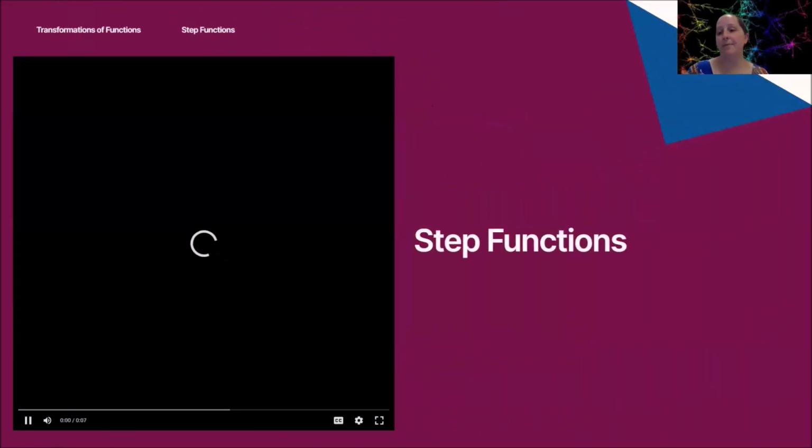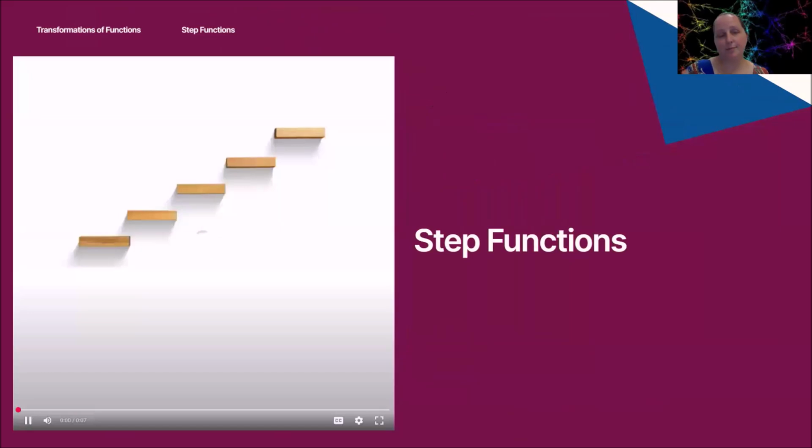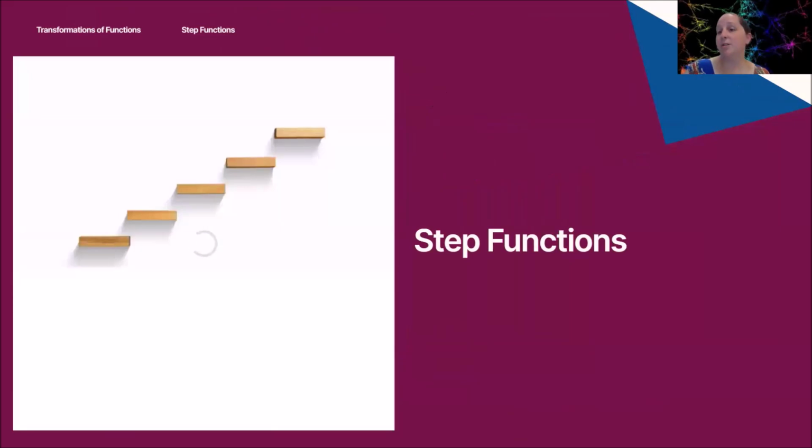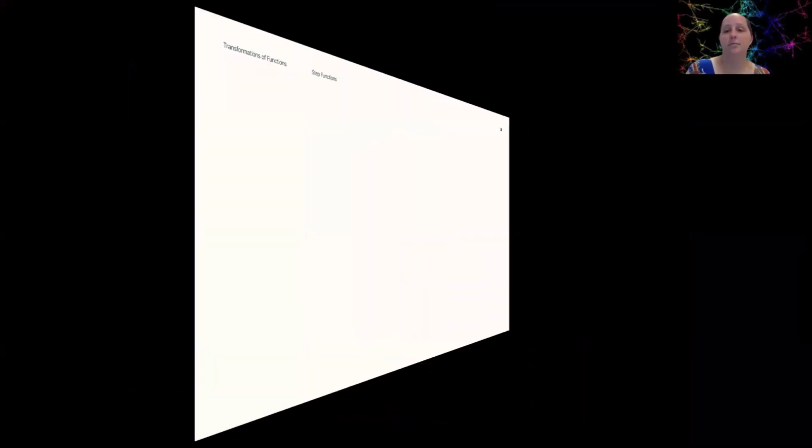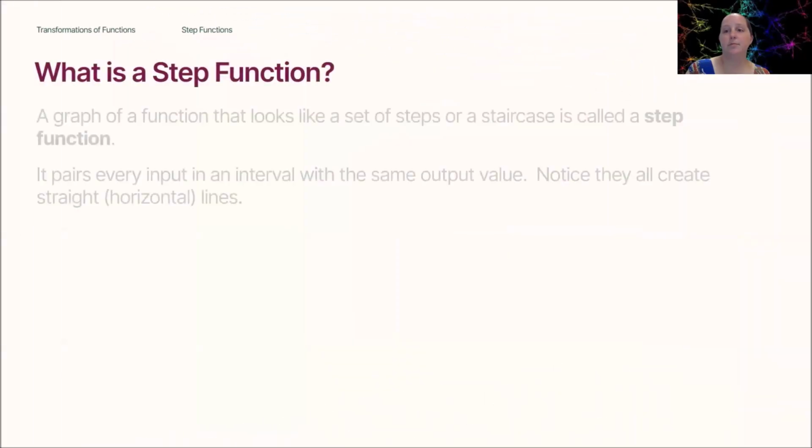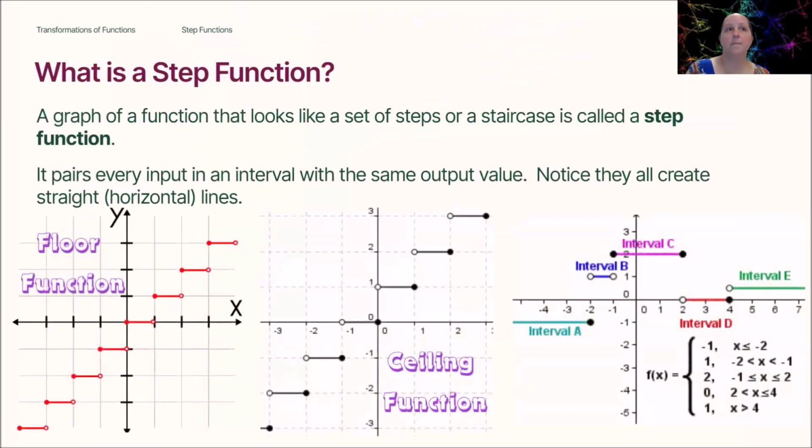All right, step functions. Step functions are called step functions because they are piecewise functions, but they look like steps. So it pairs every input in an interval with the same output value.